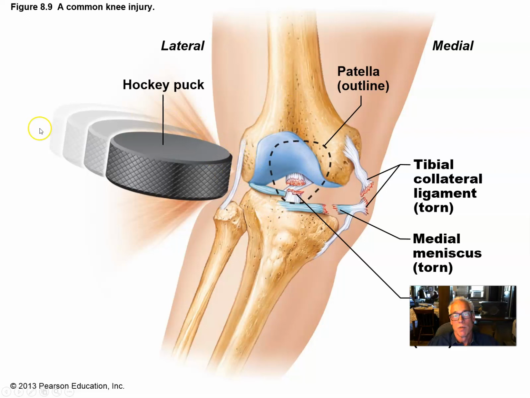If somebody inadvertently hits the knee with their body weight and pushes it medially, you may simultaneously tear the anterior cruciate ligament, the tibial collateral ligament, and, because they're sort of fused with the meniscus, the medial meniscus may be torn as well. So that's a relatively common injury of the more severe injuries of the knee in football, for example.